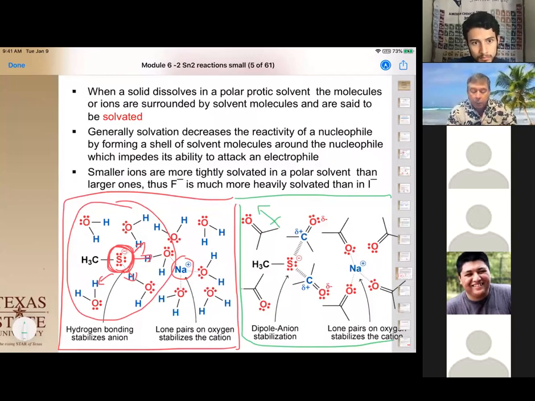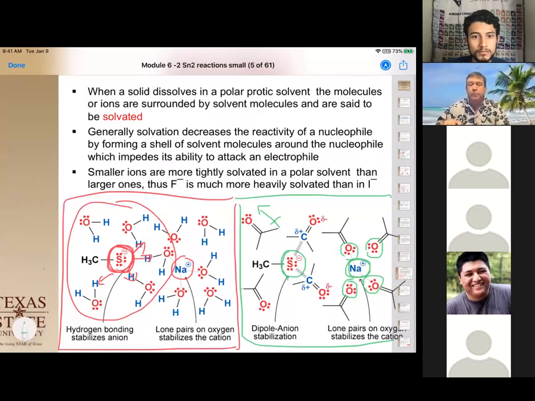Meaning that more of the charge is still on the sulfur, and that should increase the nucleophilicity of that anion. And notice that the counterbalancing sodium here is being counterbalanced by the electronegative side of this system through that same dipole-ion interaction.